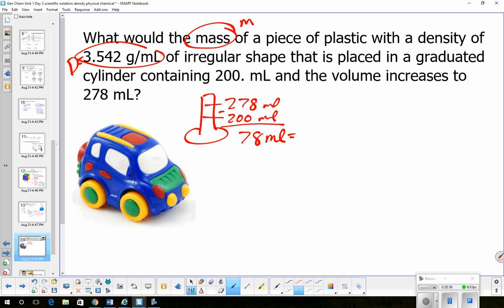Volume, good. Okay, so again, I've got the equation density equals mass divided by volume, but this time I'm looking for mass. So mass is going to equal density times volume.